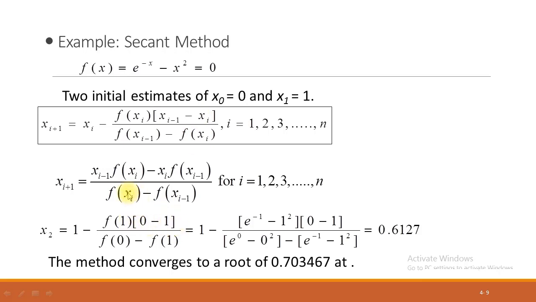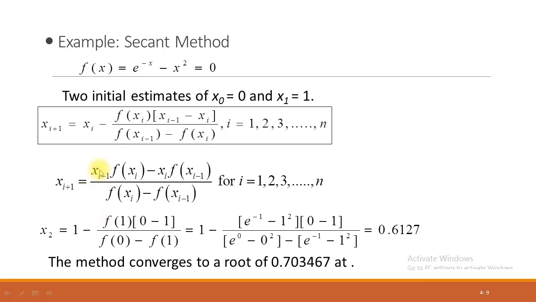For i is equal to 1, this becomes x0, and the x0 value is 0, so f of 0, and f of x1, and the value of x1 is 1, so the function at 1. So first of all, estimate the function at 1.